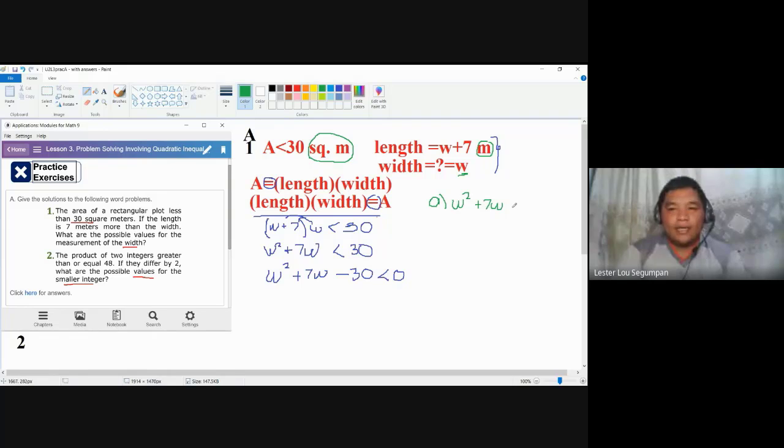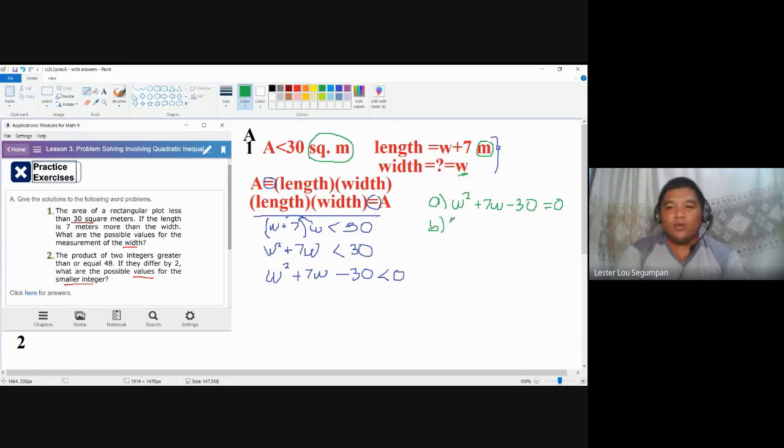They're not the same, but we are just using an equation as a representative for the inequality. The purpose for this is so that we could actually get the roots that will be the dividing values for our regions.